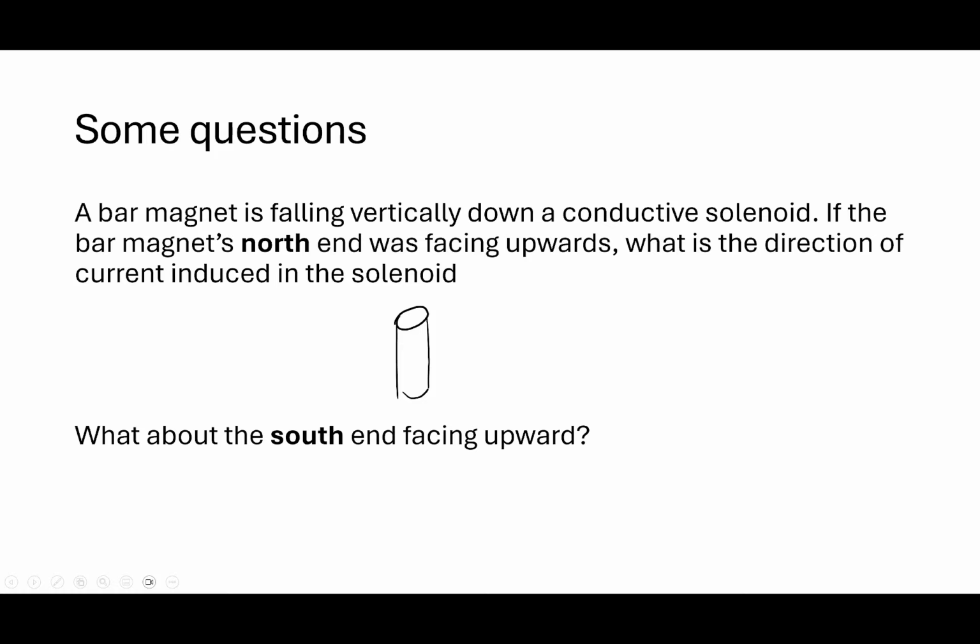So because there's downwards flux in the solenoid, let's take a look at that with the right hand grip rule. We have thumb as the direction of magnetic flux, slash magnetic field, and our right hand's fingers curl clockwise. So clockwise is correct.